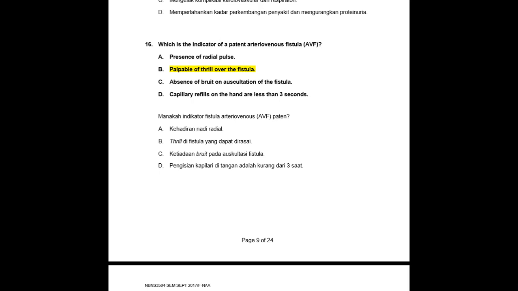So how do you check whether the arteriovenous fistula is working properly? You have to palpate over the fistula for the thrill. So answer is B, palpable thrill over the fistula.